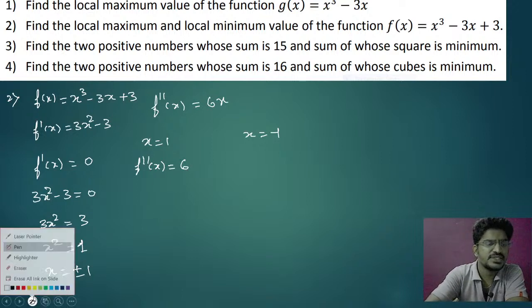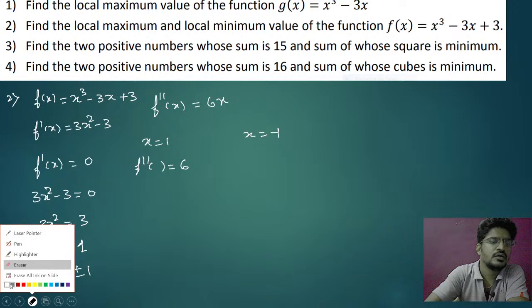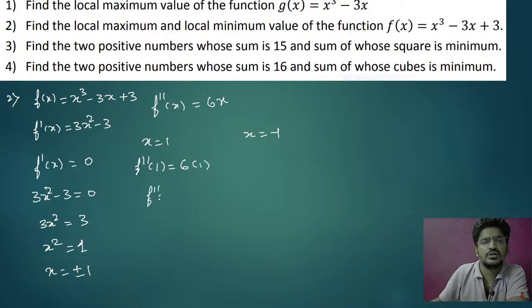Okay. So f double dash of 1, that is 6 into 1, is greater than or equal to 0 at x equal to 1.